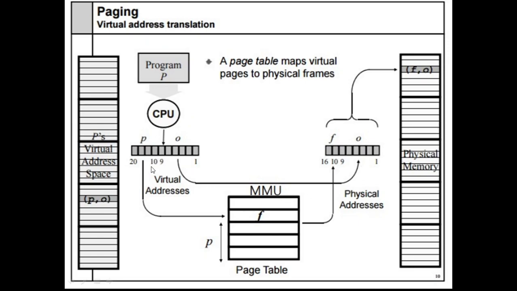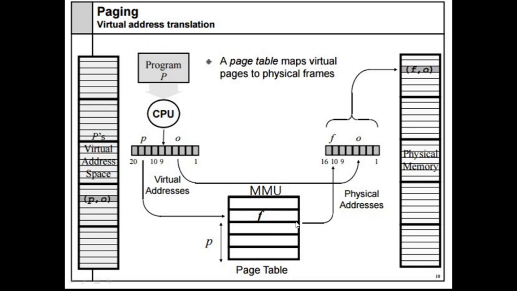The CPU has no responsibility of knowing which is the page number and which is the offset. It just sends it to the MMU. It is the MMU which separates the page number and offset, uses the page number in the page table to fetch the frame number from the respective index, and then combines it with the offset to identify the physical address.